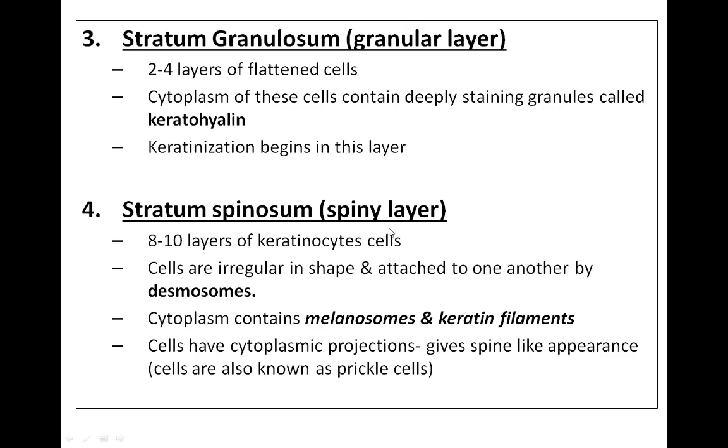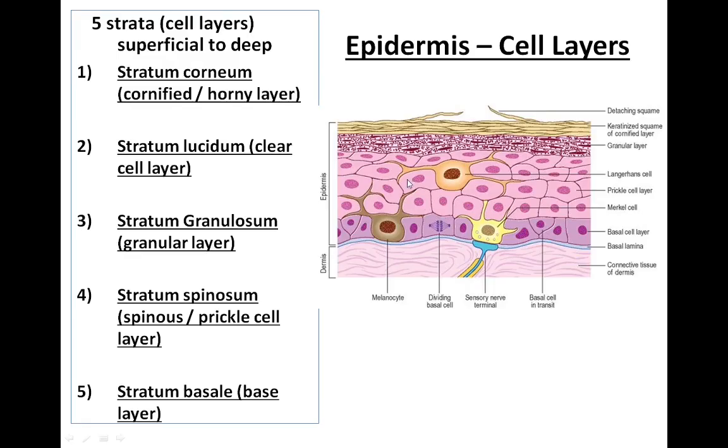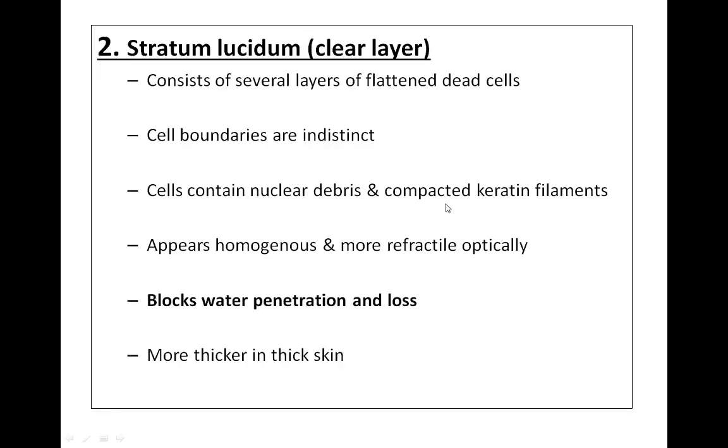Spiny means cytoplasmic processes are extending from the cell, that is why it is called spiny. So 8 to 10 layers of keratinocyte cells. Cells are irregular in shape and attached to one another by desmosomes. They are interconnected by desmosomes.